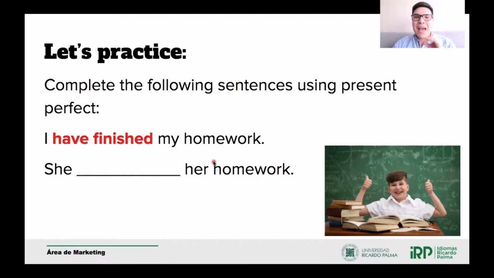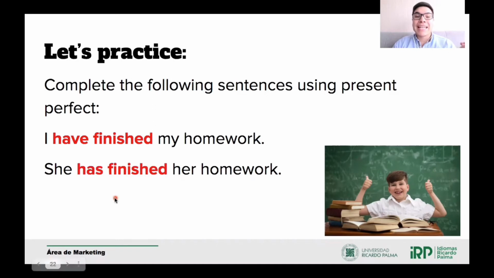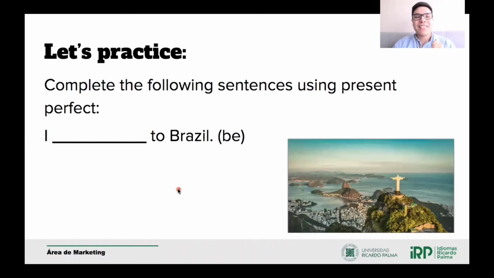Now we have another one. It's the same sentence, but we have the pronoun she. She blank her homework. So we have to say she has finished her homework. Very good. Remember, have or has. Now we have another sentence. I blank to Brazil. And then we have the word be.